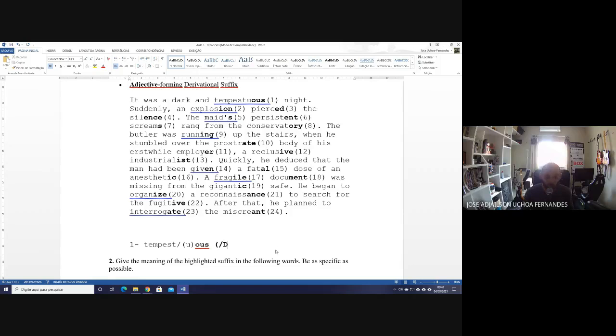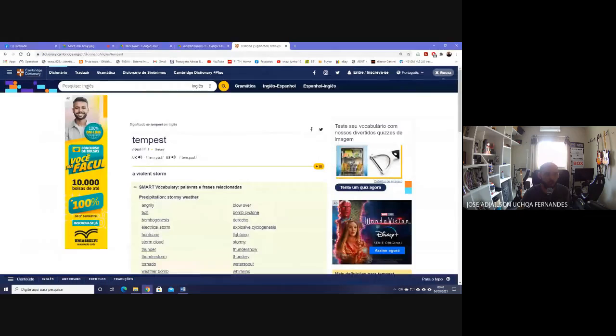It's derivational. How do I know it's derivational? I'll abbreviate it with a D, okay? Because I have the change in the word class. Tempest is a noun, but tempestuous, as you said, sounds like an adjective. If I don't know, I can always check in the dictionary.